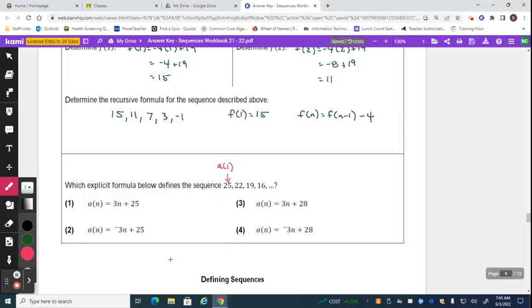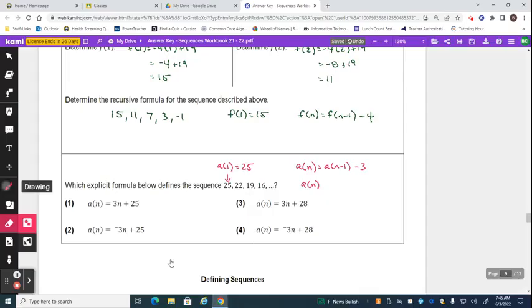So if you look at this formula, 25, 22, 19, 16, we know the numbers are going down by 3. So if we're looking at an explicit formula, we're going to start at 25.